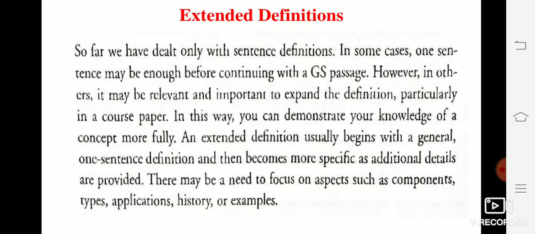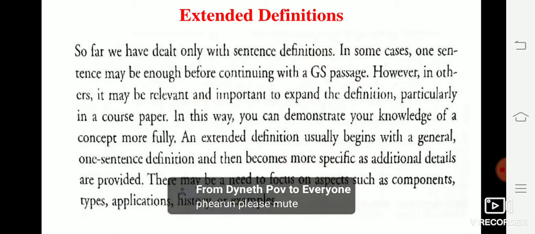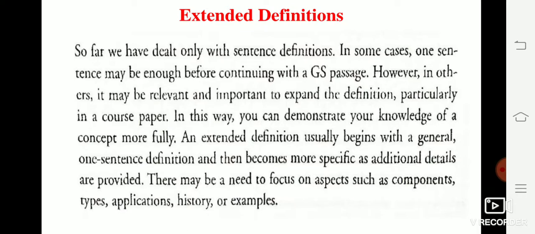In this way, you can demonstrate your knowledge of a concept more fully. An extended definition usually begins with a general one-sentence definition and then becomes more specific as definition details are provided. There may be a need to focus on aspects such as components, types, applications, history or examples.